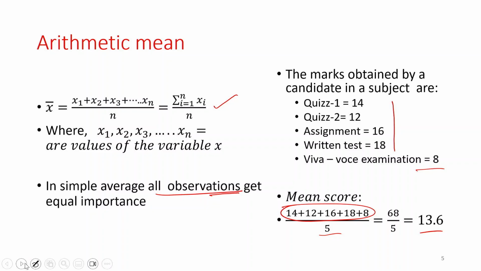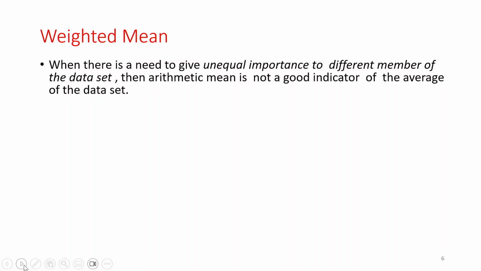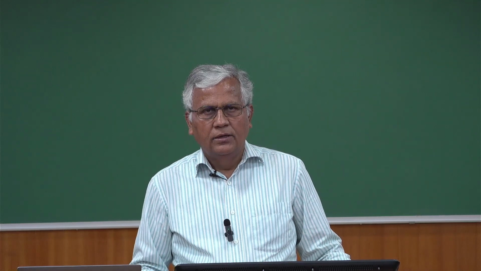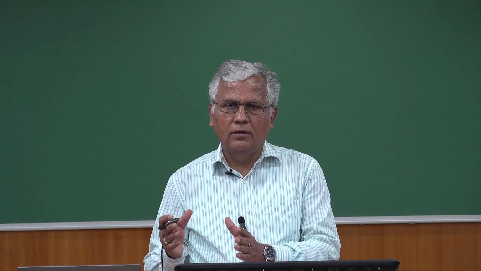Next is the weighted mean. What is weighted mean? At times there is a need to give unequal importance to different members of the data set. In that case, the arithmetic mean is not a good indicator of the average, because depending upon the nature, the importance given to different aspects would be different.